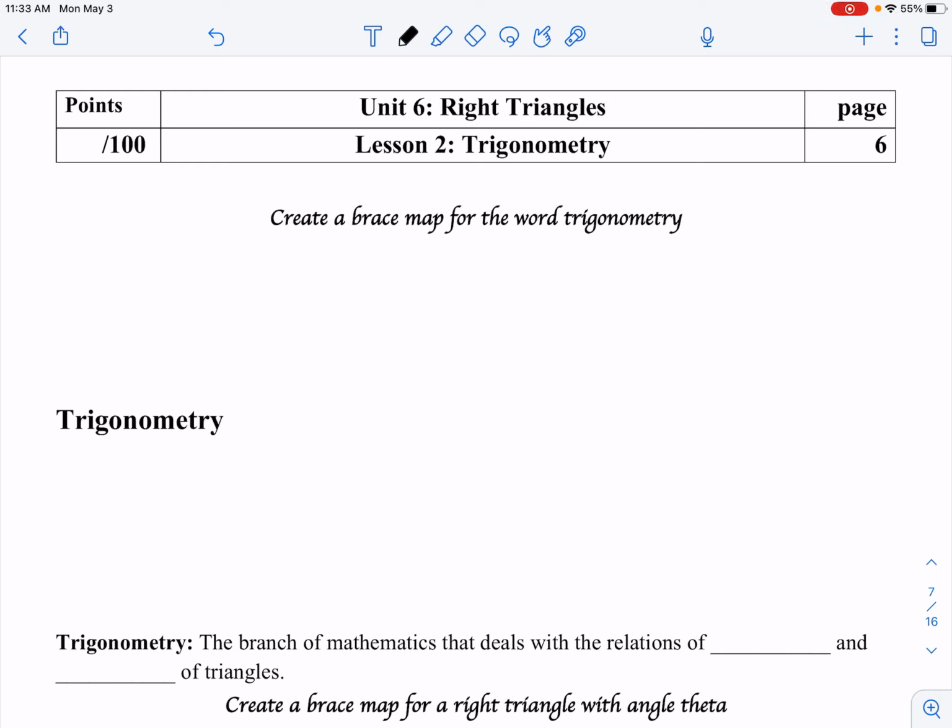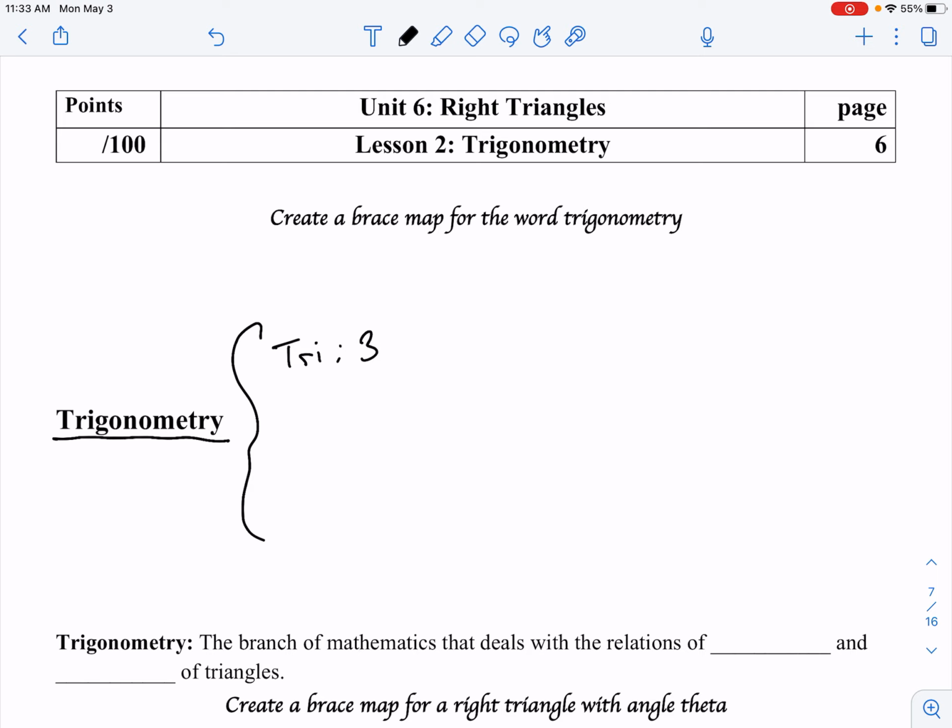In this video we will briefly touch on trigonometry, its meaning, and what it's going to cover specifically. To do that, if we look at the roots and pieces of the word trigonometry, I see tri, and tri just means three.